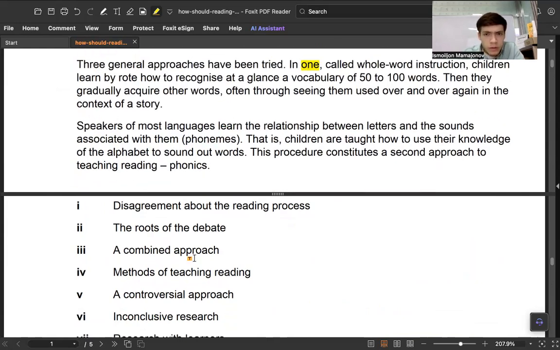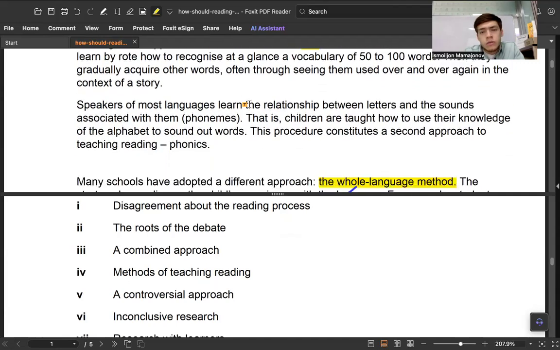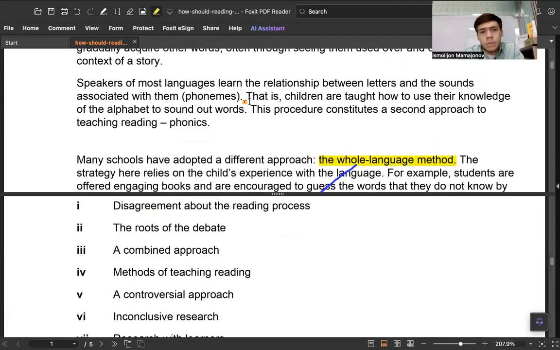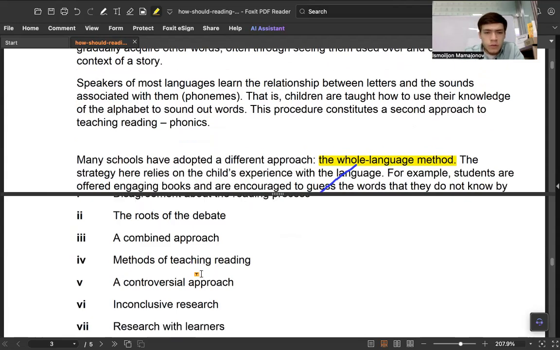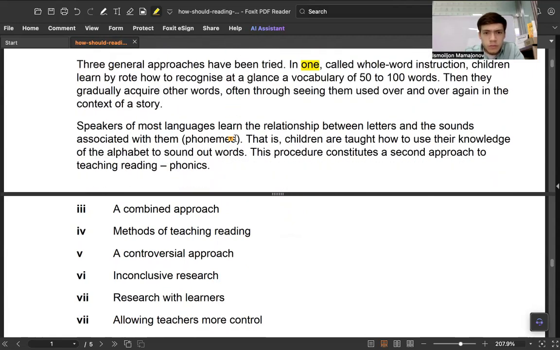Root of the debate? I don't think that's a good answer. Combined approach, methods of teaching reading. Number 4 is a good answer. Yes, there are methods of teaching reading. A controversial approach? No, not really, because we have 3 approaches, so I don't think it's a good answer.